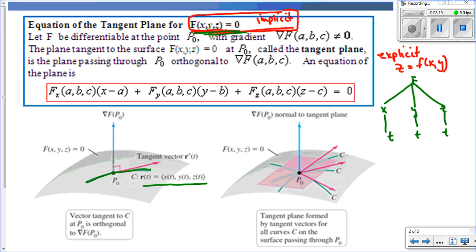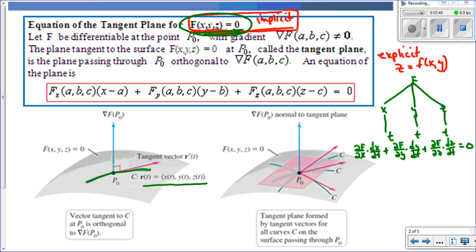Now if I'm differentiating this equation, the left side then uses the chain rule and becomes the partial of f with respect to x times dx/dt, plus the partial of f with respect to y times dy/dt, plus the partial of f with respect to z times dz/dt. And then the derivative of the right side is just 0.